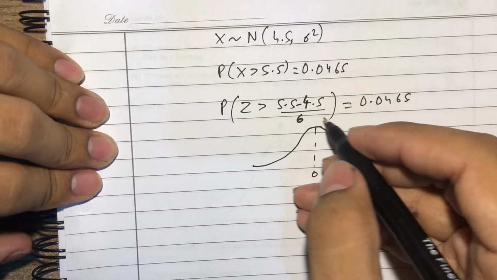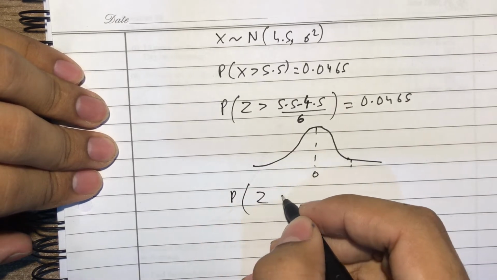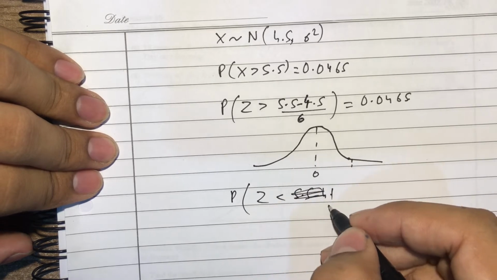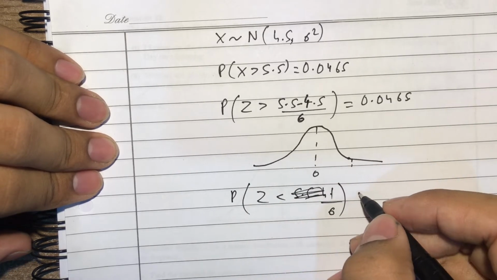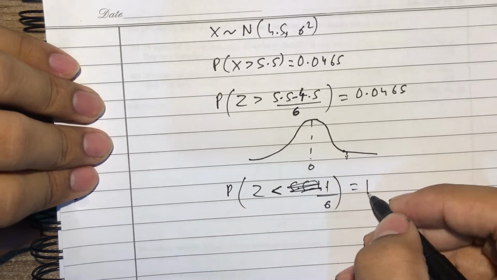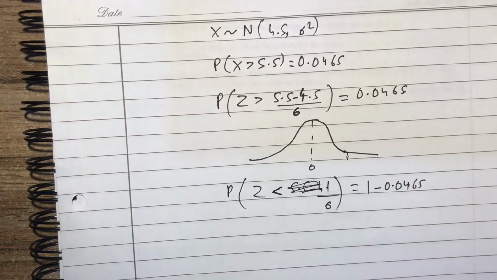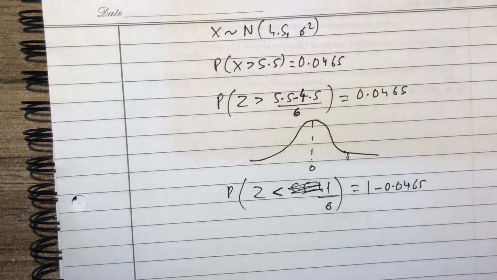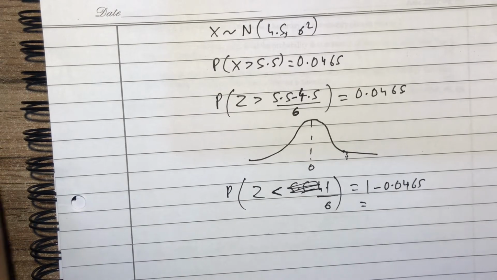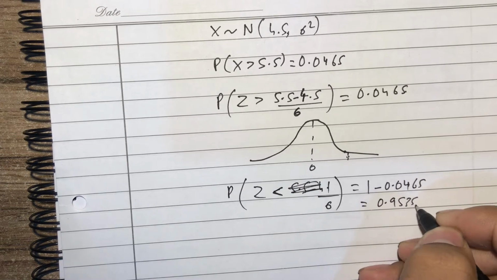So the probability of z less than (5.5 minus 4.5), that is basically 1 upon deviation, is equal to, if I take it less than, this region, that is 1 minus 0.0465. So this is equal to 0.9535.